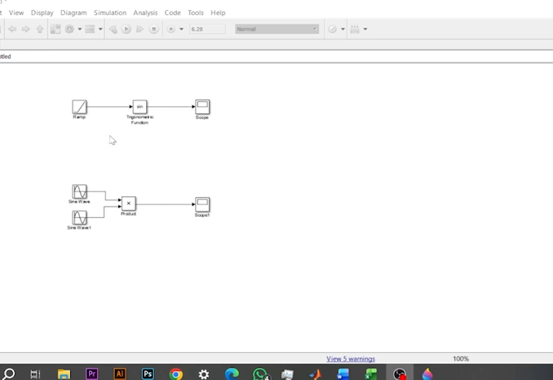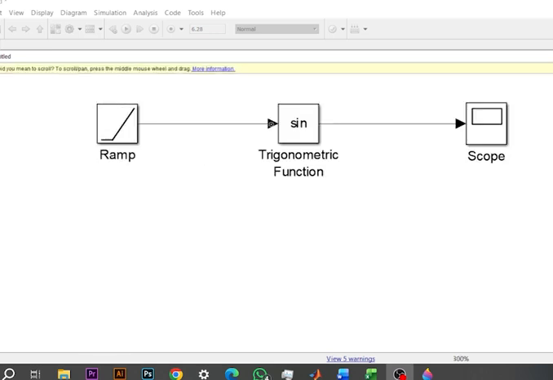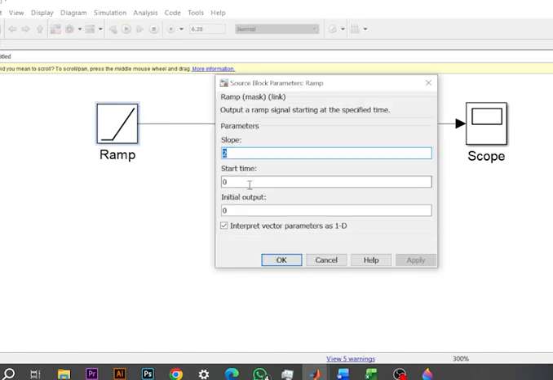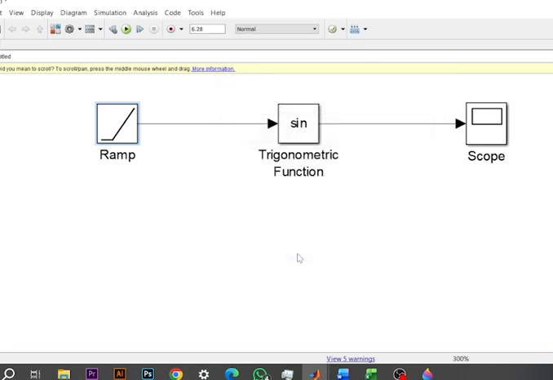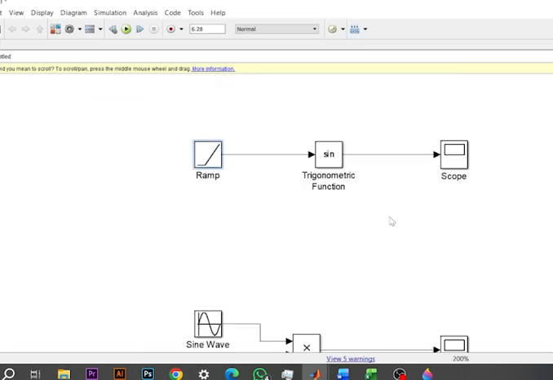So in this top portion, we're going to have a value that's going to go with a slope of 2, and it is going to be fed into a trigonometric function, and we're going to have the result.